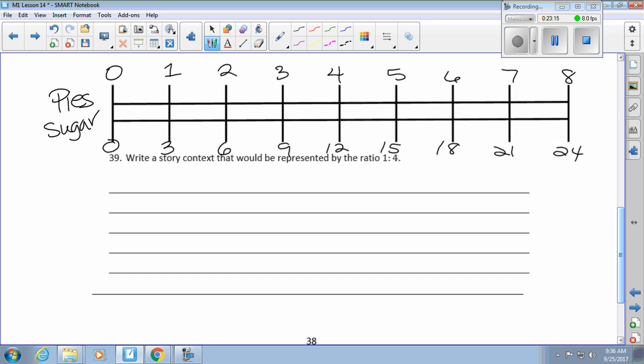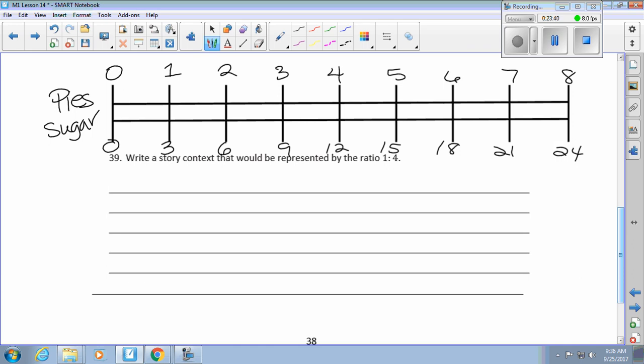Does anyone have a suggestion that we could use for this class? For every 1 McDonald's they build, there's 4 Burger Kings. Ooh, I like that. Okay, what else can we come up with? Jaden? For every 1 white chocolate purchased, there are 4 regular chocolates purchased. Oh man, it's all about food.